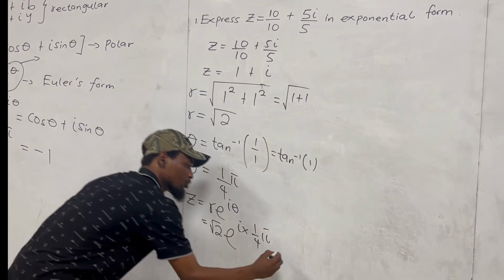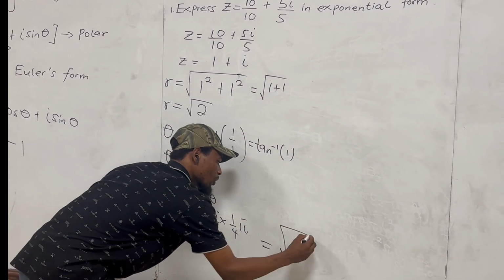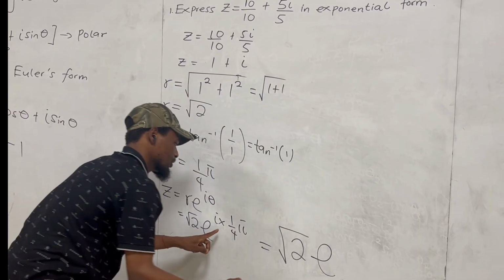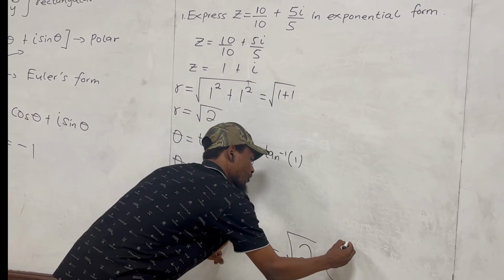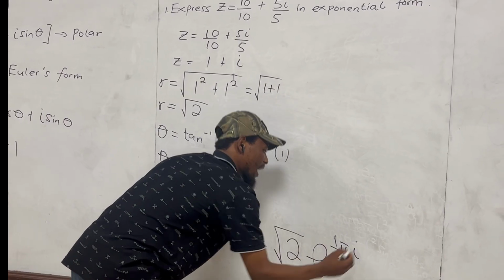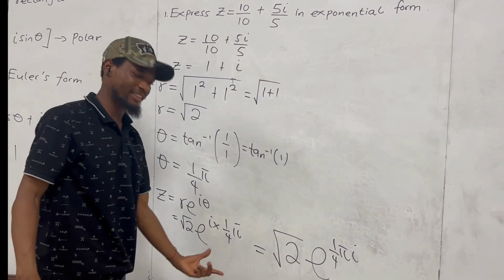So this is equal to the square root of 2 times e to the power pi over 4 i. So this is the solution.